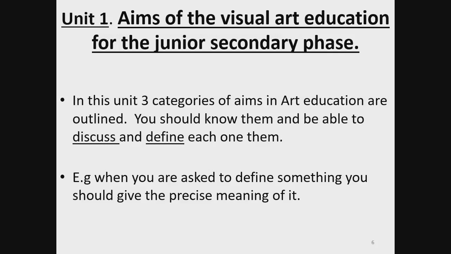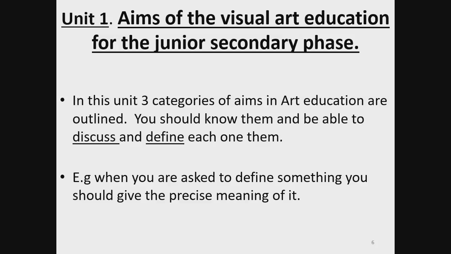Now we're going to start with Unit 1 of our module. Unit 1 has to do with aims of visual art education for the junior secondary phase. In this unit, 3 categories of aims in art education are outlined.